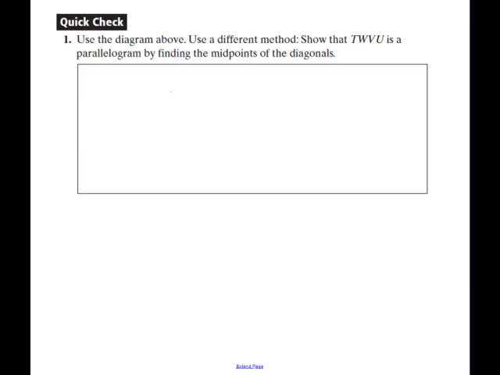Just a little hint, when you move on to this quick check, now they want you to look at the parallelogram and use the midpoints. Find the midpoints of the diagonals to show that it's a parallelogram.